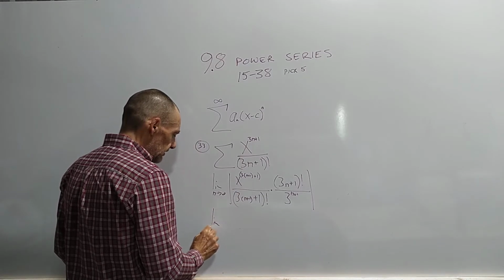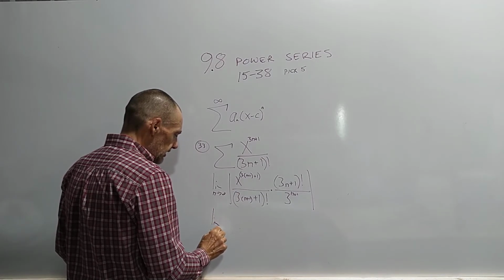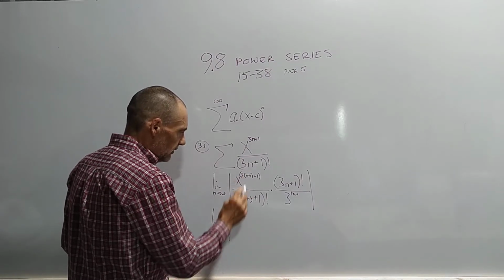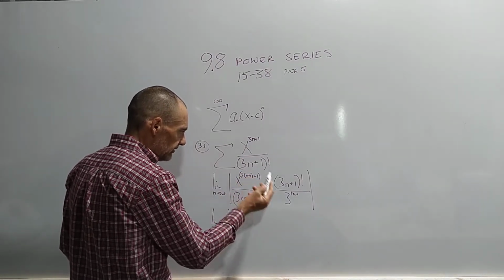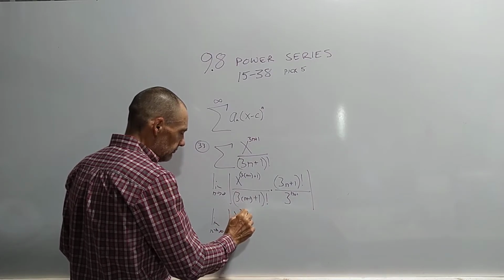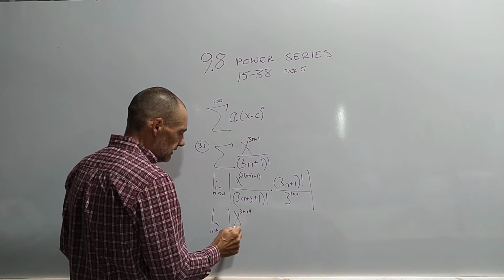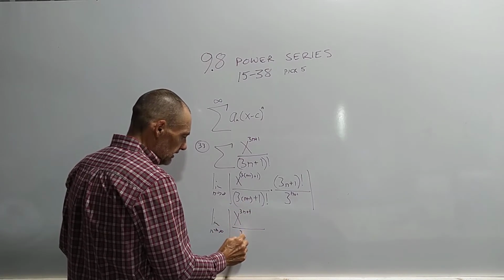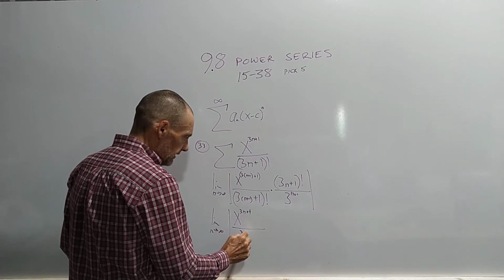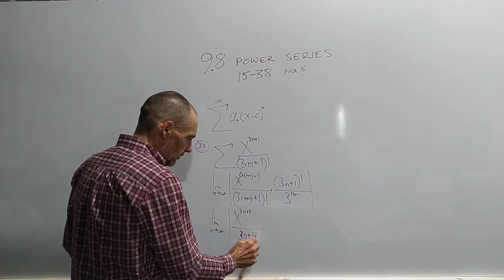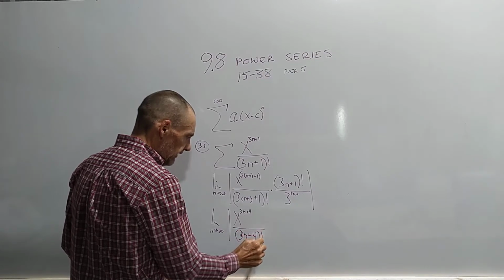So we have the limit as n approaches infinity, absolute value. Here we're going to get 3n plus 3 plus 1, so this is going to be x to the 3n plus 4 over, and here we're going to have the same thing, (3n plus 3 plus 1 plus 4) factorial.